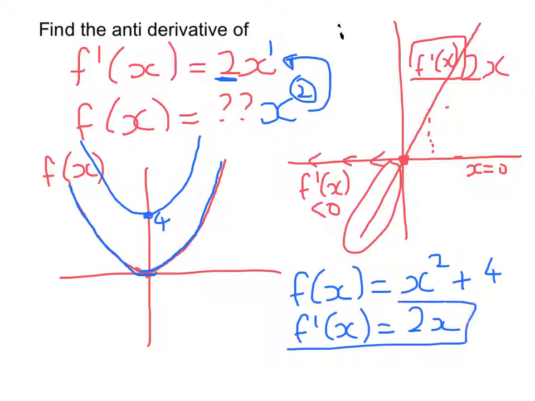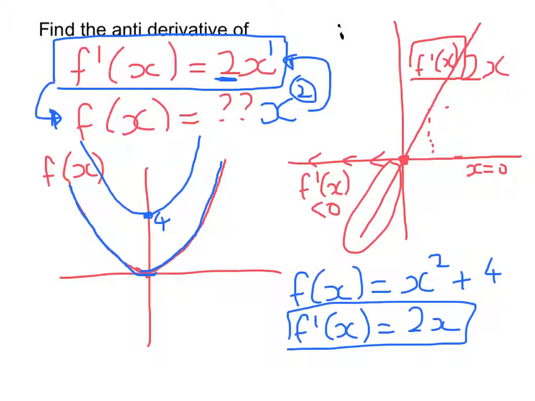So when I'm starting with the gradient function and I want to work back up to the function, there's an infinite number of members of the family of parabolas that it could have come from, because they are all going to give me a gradient function of 2x.